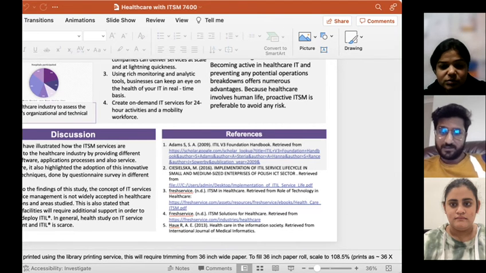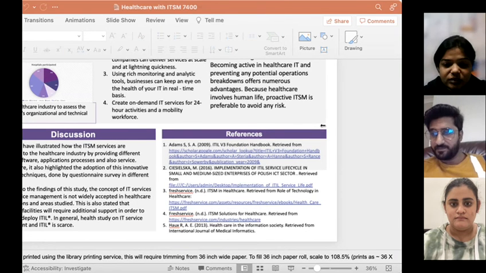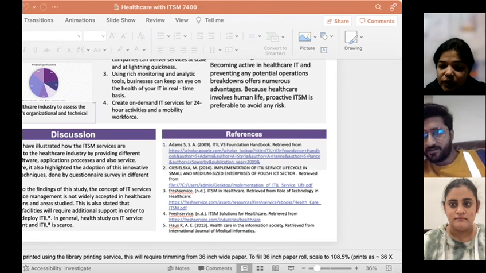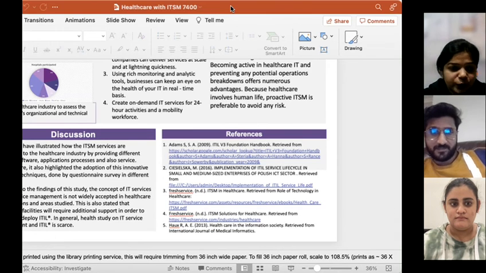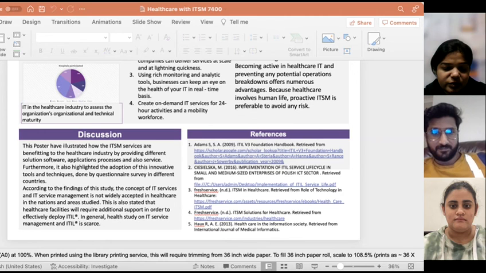Hi friends, this is Saujanya. I'm going to discuss healthcare with IT systems. As Inpreet and Riaz have explained how IT is going to help healthcare, and what the benefits and services are, this poster explains how IT services are beneficial to the healthcare industry, with different solutions like software, applications, processes, and services.